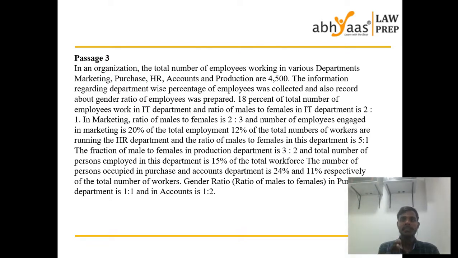So these 4,500 people are working in 5 different departments. Among them, few are male, few are female, and the percentage distribution of the total number of employees in each department is given, and also the ratio of male and female.